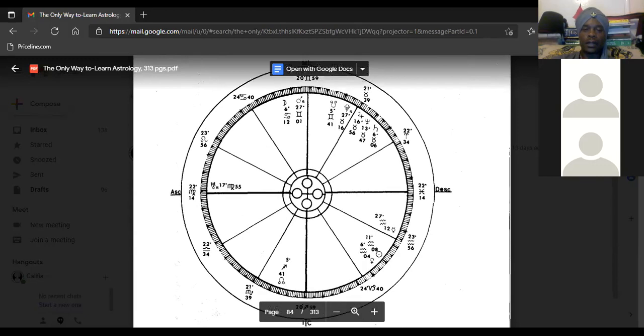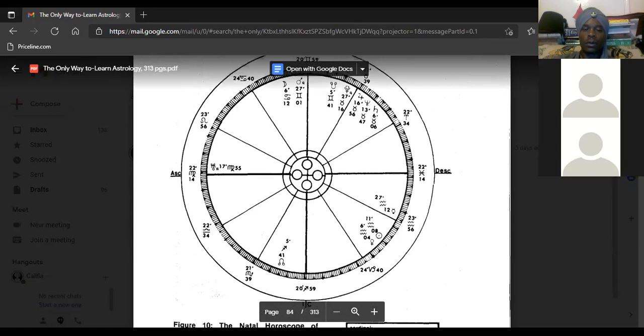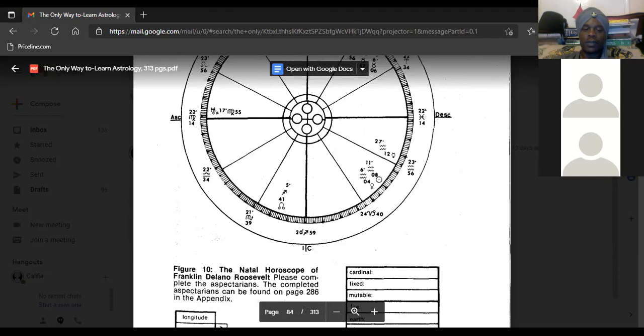For the schematic. And that's figure 10 representing the natal horoscope of Franklin Delano Roosevelt. Please complete the aspectarians. The completed aspectarians can be found on page 286 in the appendix.